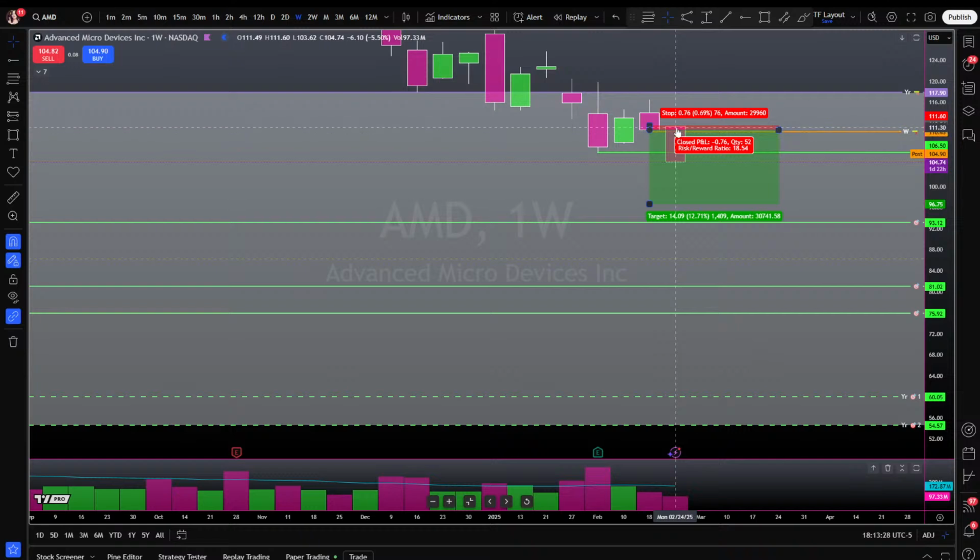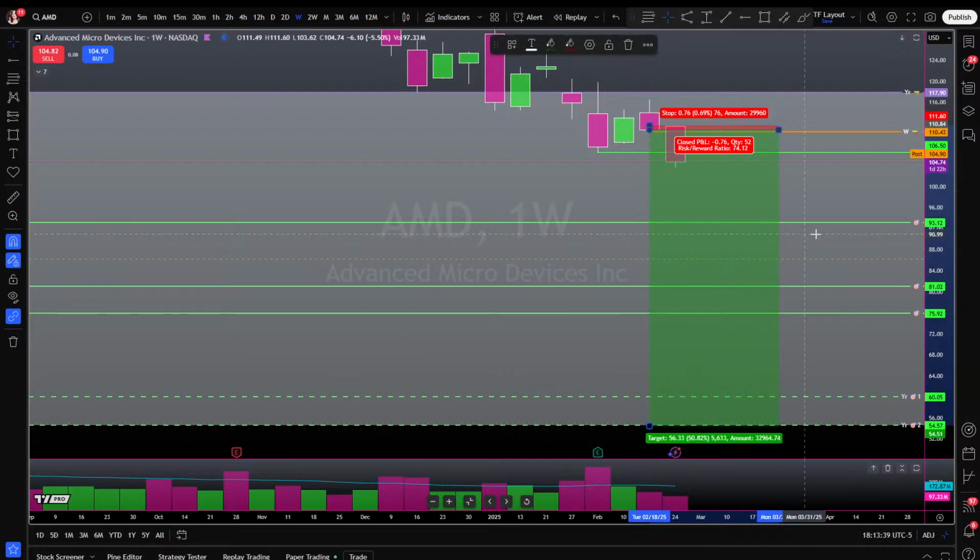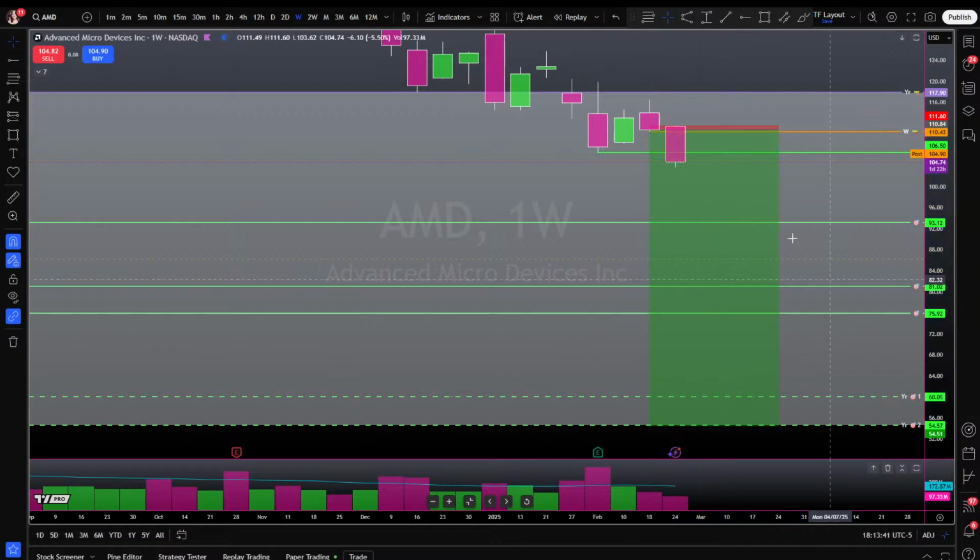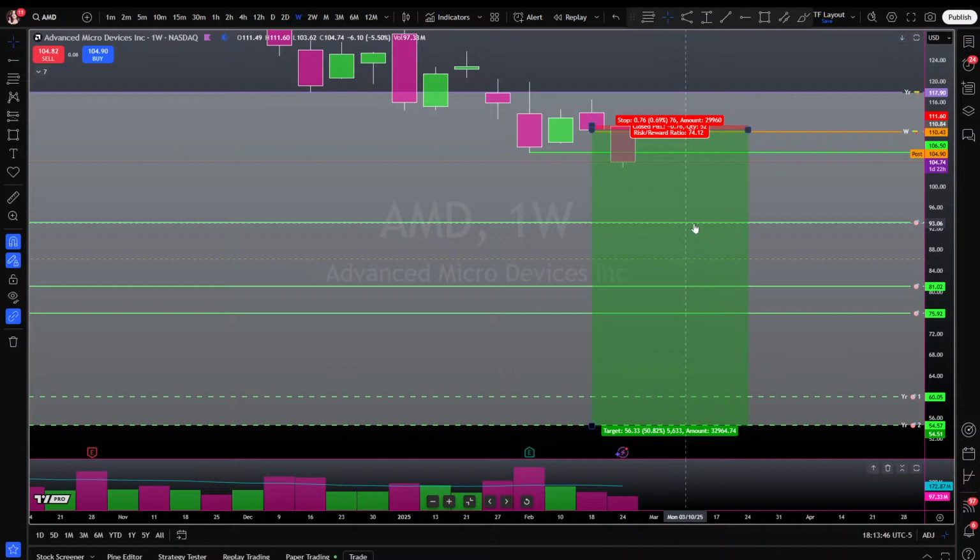So it triggers. You can have a stop up here at the high where it triggered. Targeting all of the yearly magnitude. And you can add to it. So this is a 74 to 1 RR.